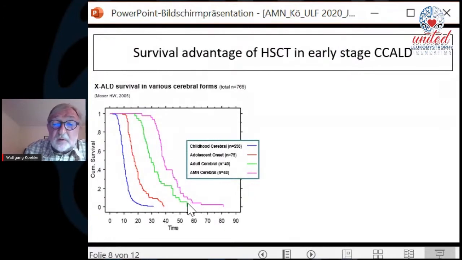These are curves from Dr. Hugo Moser, which is the natural history of cerebral disease. It doesn't depend on when it occurs, in childhood or in adulthood. It's always a very severe disease, which is rapidly progressing over a short period of time, let's say 2 to 3 years, until severe disability occurs.